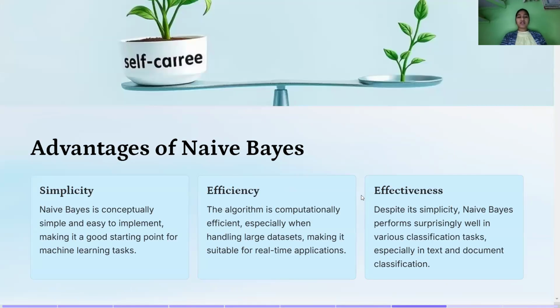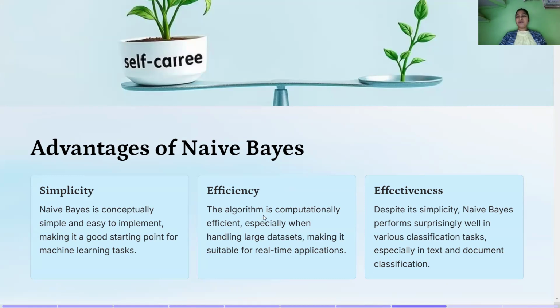Advantages of naive Bayes. There are three major advantages: simplicity, efficiency, effectiveness. Simplicity. Naive Bayes is conceptually simple and easy to implement, making it a good starting point for machine learning tasks. Efficiency.